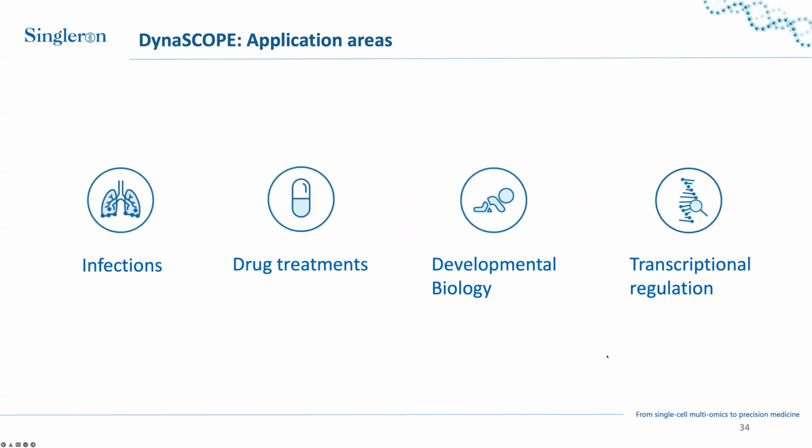So in DynaSCOPE, you can, for example, use it for research into infections. For example, if you want to look into mechanisms of infection by bacteria or virus, or if you want to analyze the response of different host cell types to an antigen or a treatment, you can use it for drug development and treatment.